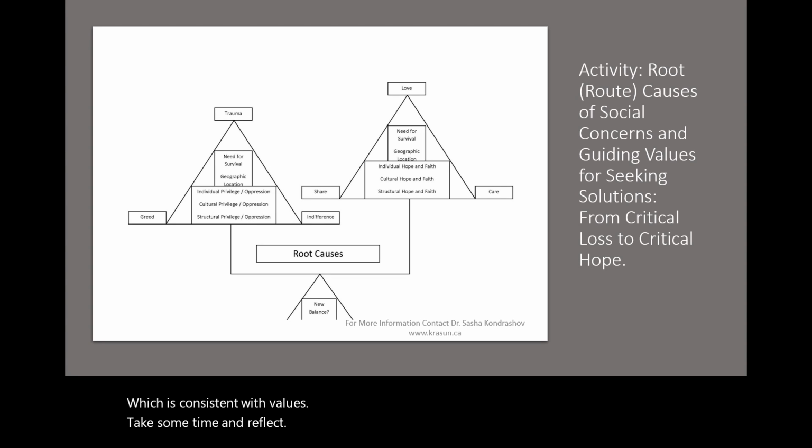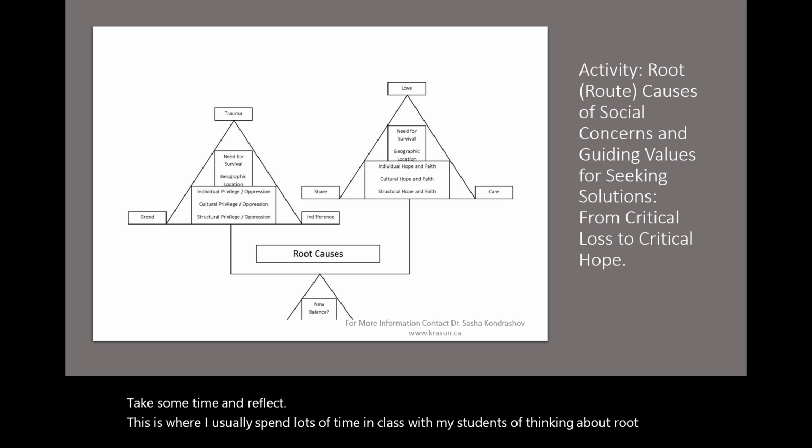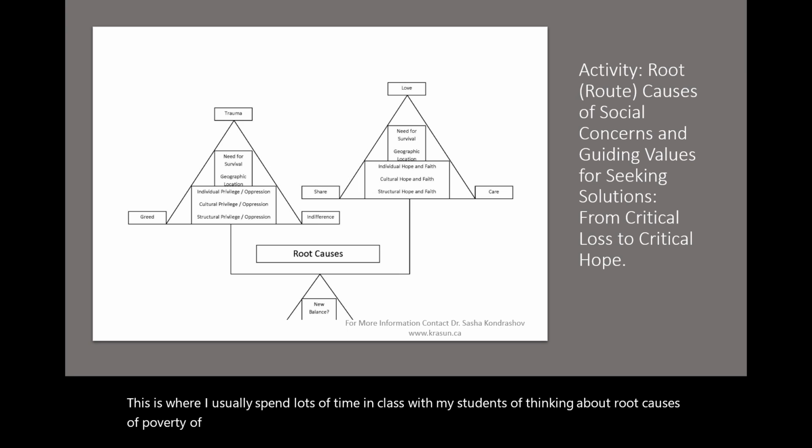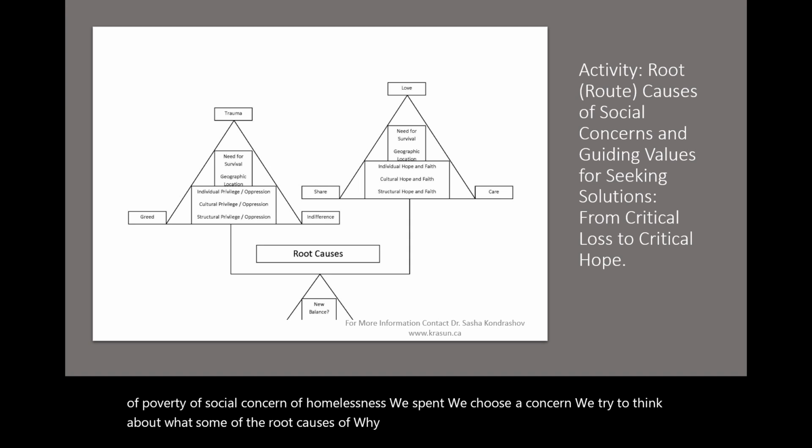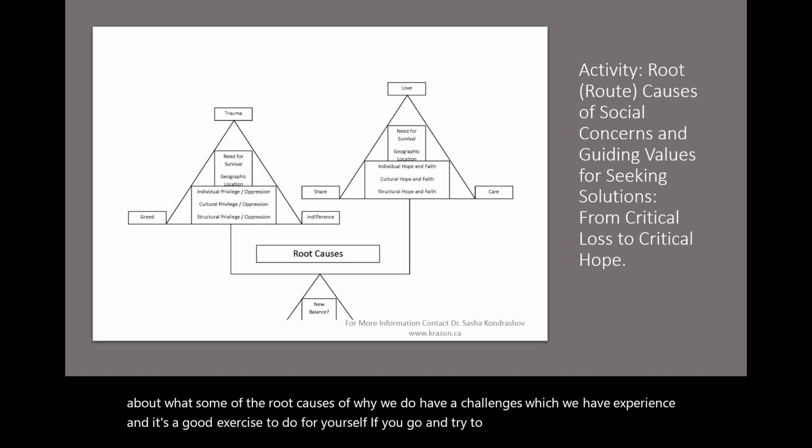This is where I usually spend lots of time in class with my students, thinking about root causes of poverty, of social concern, of homelessness. We choose a concern, we try to think about what some of the root causes are of why we have the challenges which we have experienced. And it's a good exercise to do for yourself if you try to think about what causes the challenges.